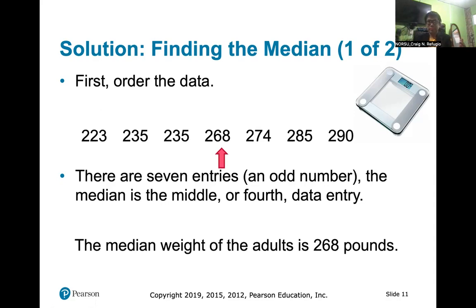The other 50% of the total number of data have values equal to 268 pounds or higher than 268 pounds, or heavier, or greater than 268 pounds. So why 50-50? Because our total percentage is only 100%. Dividing that into 2, we have 50%. So the 50% is the lower part, the other 50% is the upper part.